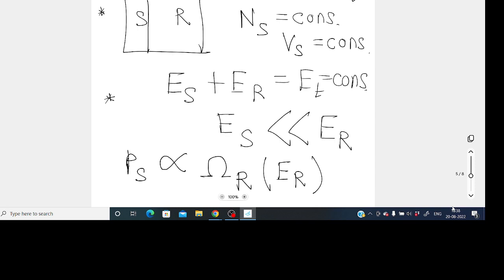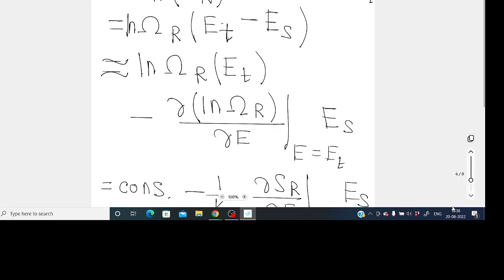So the total energy is constant. The number of microstates in the reservoir, omega R, is given by this thing.